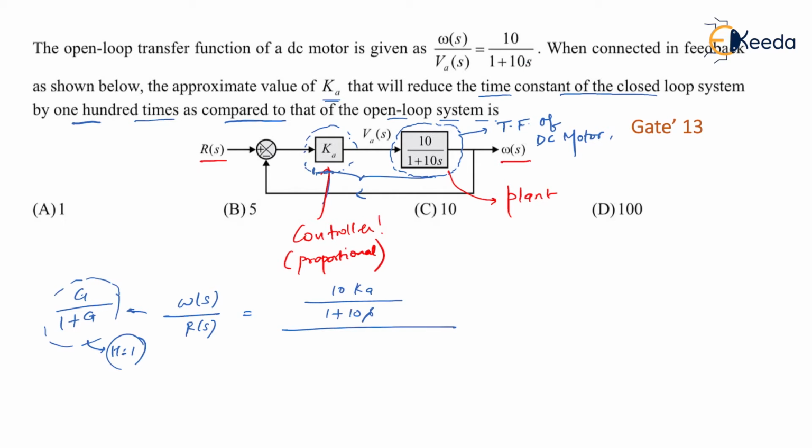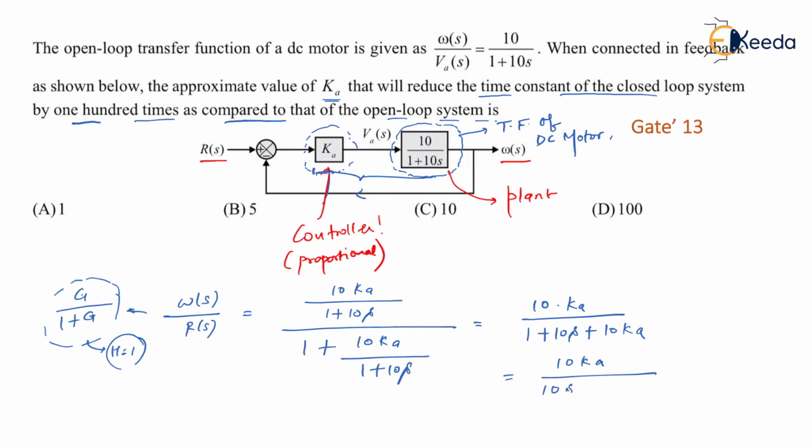It is G divided by 1 plus G, so 1 plus 10 Ka upon 1 plus 10s. Just solve this and you'll get 10 times Ka divided by 1 plus 10s plus 10 Ka.